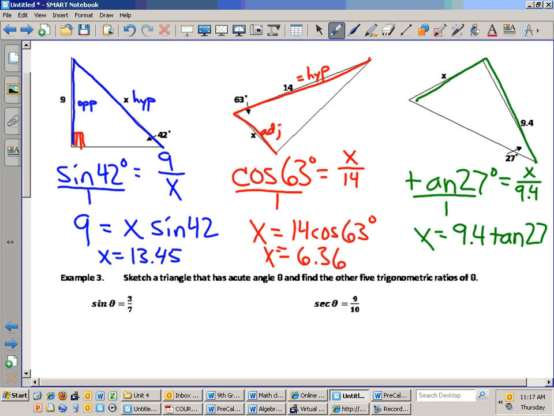For the last one, you should come up with x is equal to 9.4 times the tangent of 27. What is 9.4 times the tangent of 27?